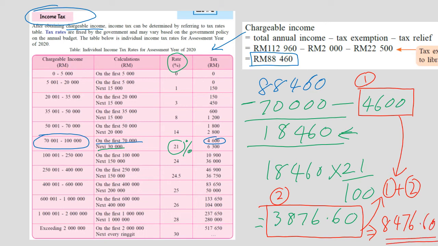This is what you have to pay for that year. Quite a lot, 8,476 ringgit and 60 cents. This will be collected by LHDN. This is the money that will go to the government. The collecting office is Lembaga Hasil Dalam Negeri.